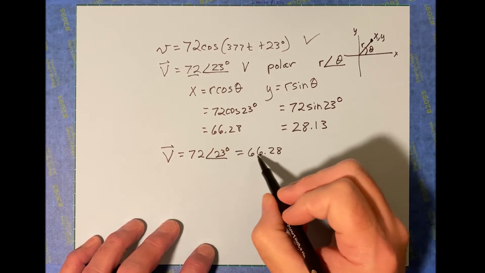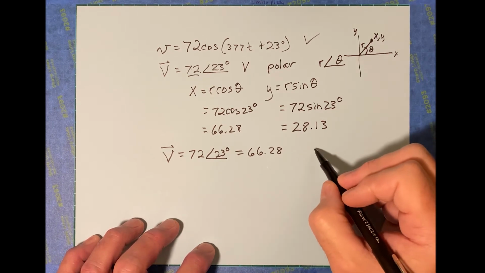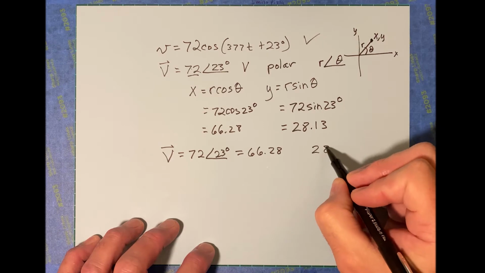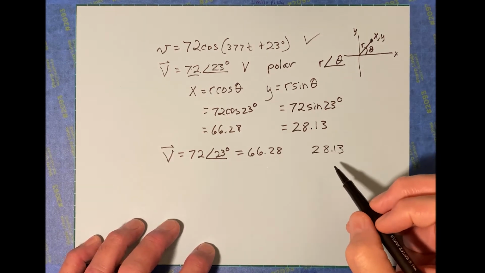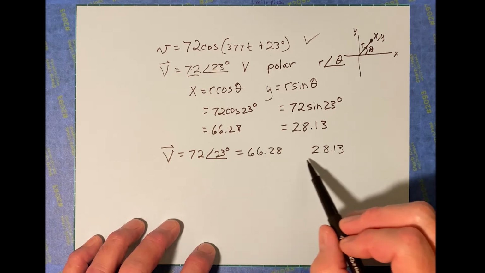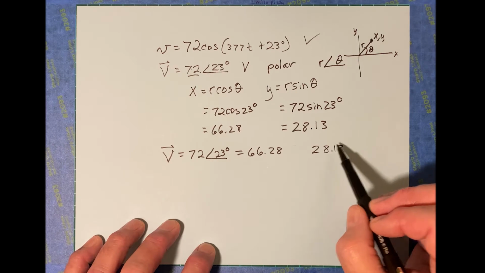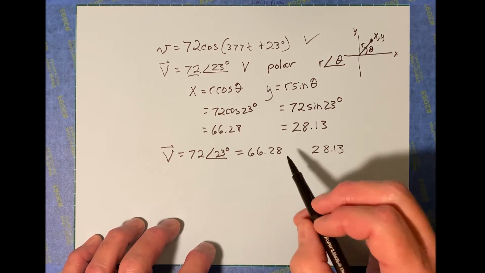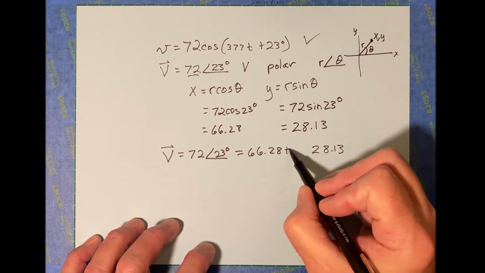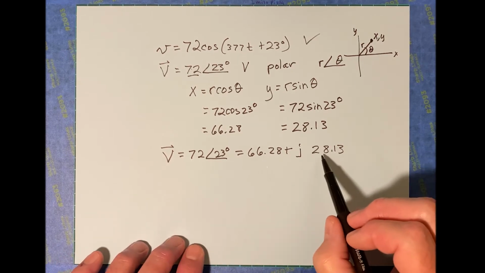66.28, that's the x component, plus the y component, 28.13. Now, to separate the x and the y component, we still want to write all of this as one quantity, as one equation. So here's the way it's usually done. Plus j. So you add that plus j in between.